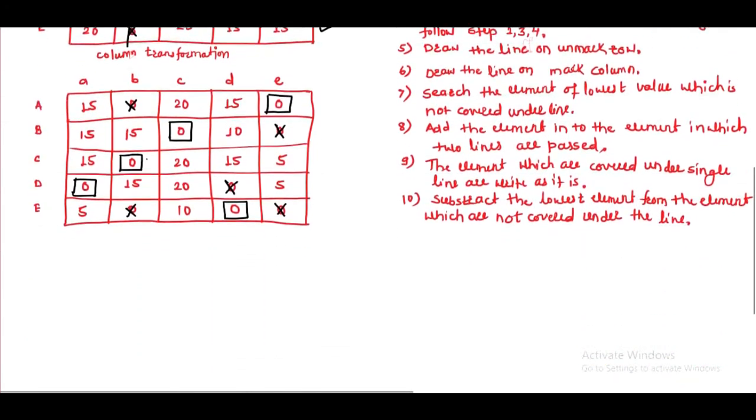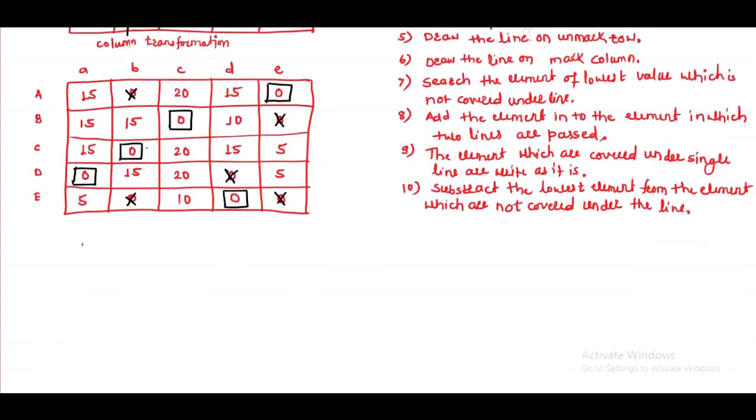Now we will find the output. A is assigned to E, and at this position in the original problem the value is 200. B is assigned to C, the value is 130.